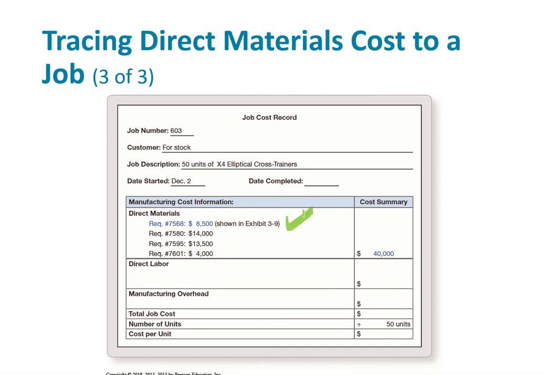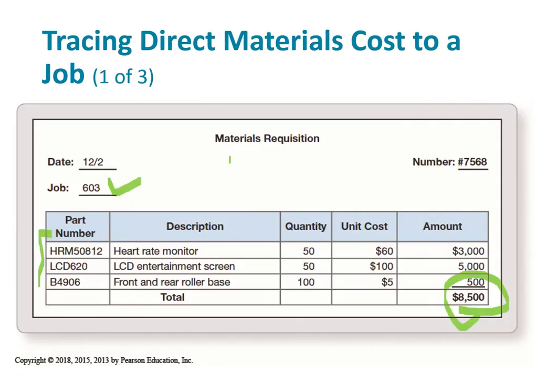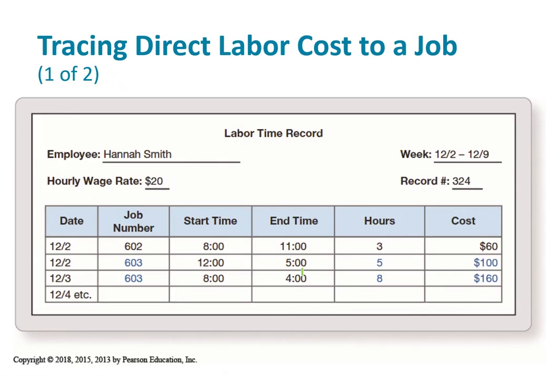So here's accounted for the 8,500, and this would be all of the raw materials that's been requisitioned prior to the requisition of this last amount that we just accounted for. So here on December 2nd, we got $8,500 worth. These are previous direct material requisitions.